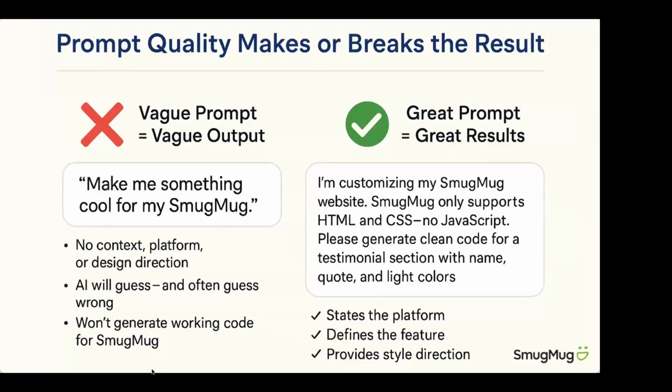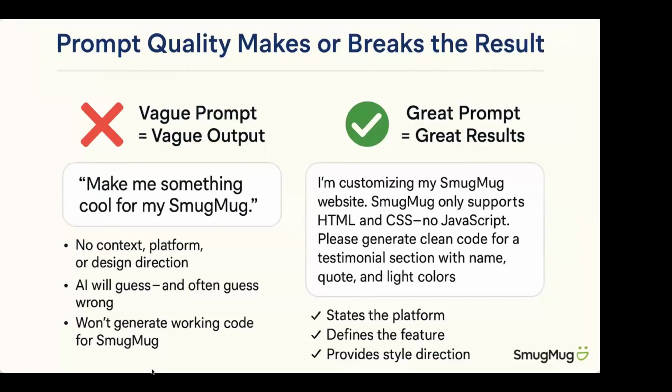A good prompt example: "I'm customizing my SmugMug website. SmugMug only supports HTML and CSS, no JavaScript. Please generate clean code for a testimonial section with name, quote, headshot, and use soft corners and light colors." Notice how this prompt includes all four essential elements. Context: customizing the SmugMug website. Platform limitations: HTML and CSS only, no JavaScript.